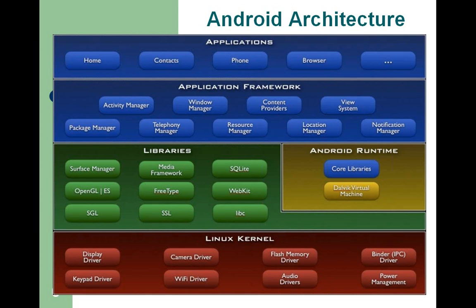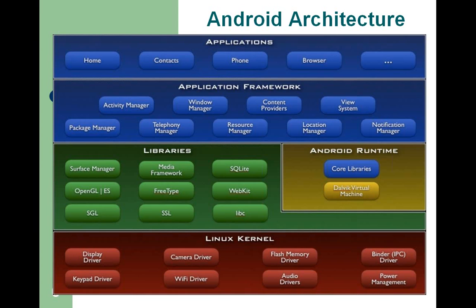These are the libraries which expose the capabilities through the application framework, which are in turn used by the applications. So the key thing the application framework is doing here is to enable reuse of various components. One of the critical components added by Android is the Android Runtime.